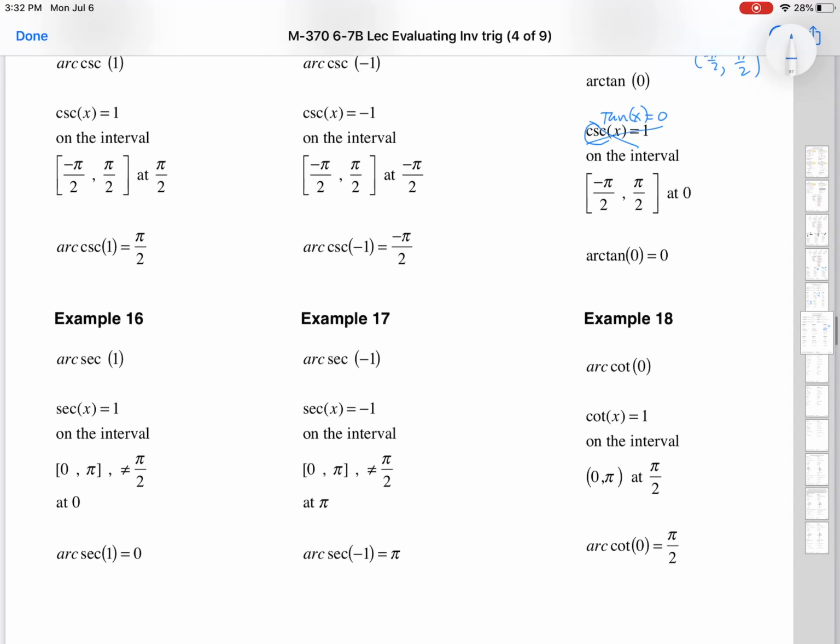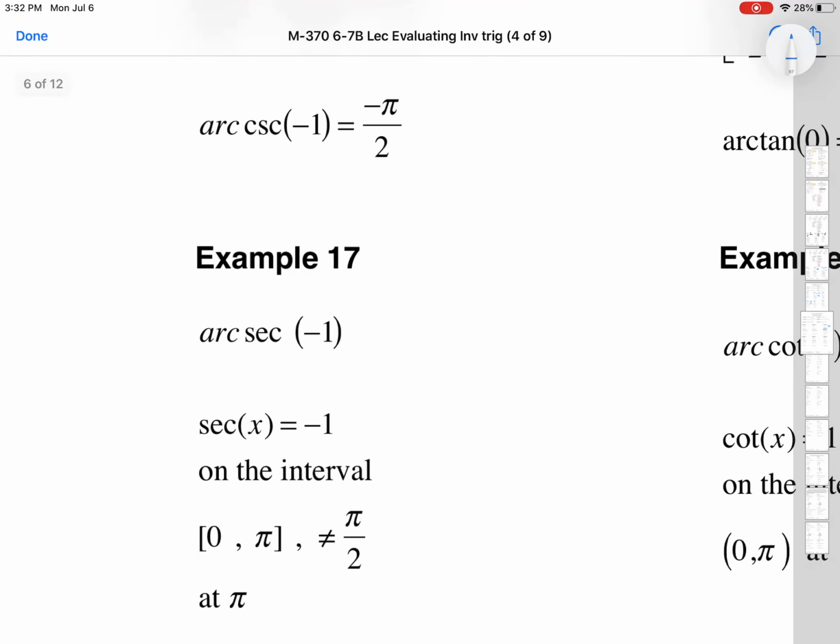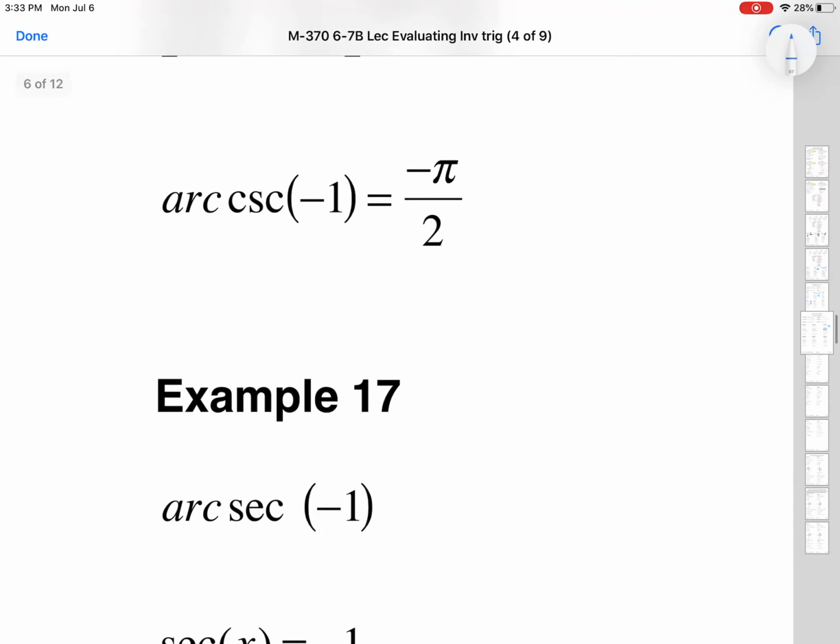Arcsecant of negative 1. Let me show you how I would do number 17. I would change arcsecant to arc cosine, and I'm going to flip negative 1, and it's going to stay negative 1. The answer to this is the answer to the arcsecant question. So then I can just ask myself, cosine's output is between 0 and pi.